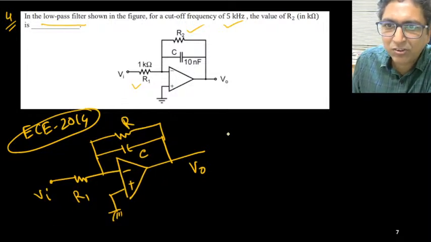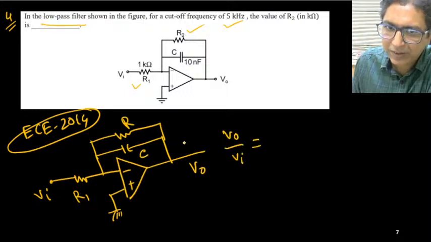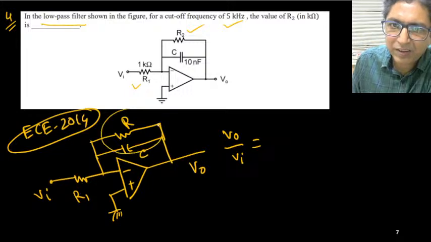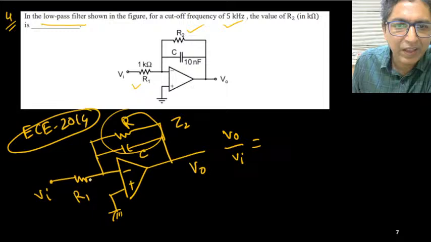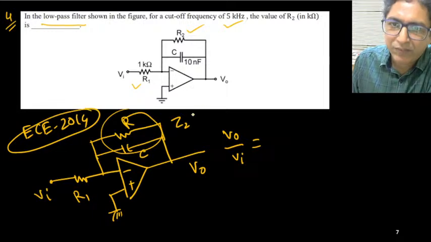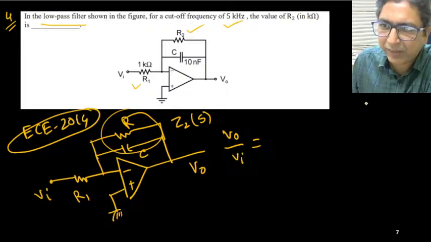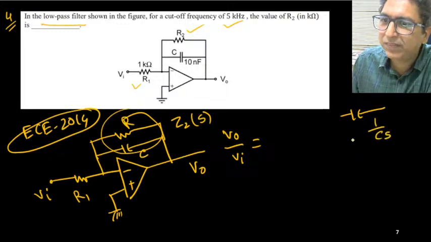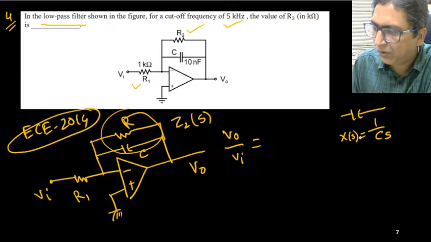So V0 by VI, this gain will be, so this block, its impedance, if I call it Z2, first in terms of s. So capacitor, its reactance, we can find out, 1 upon Cs.